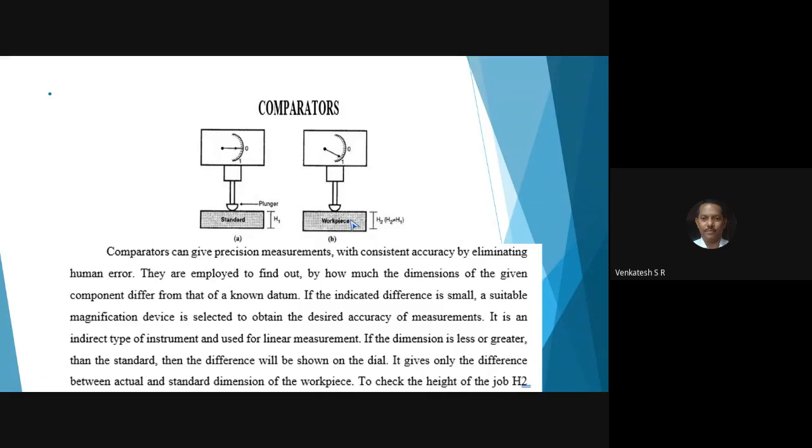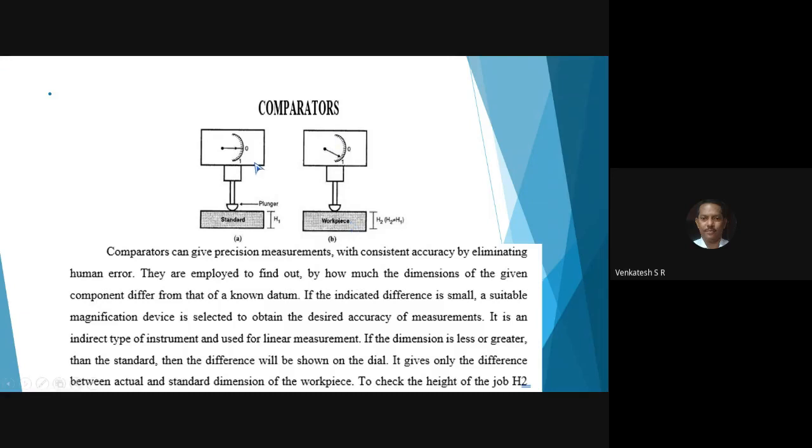Only comparison. Here you are using comparison of dimension, that is, the comparison of the standard dimension with the workpiece, to decide whether to accept or reject. See, all of you observe here.